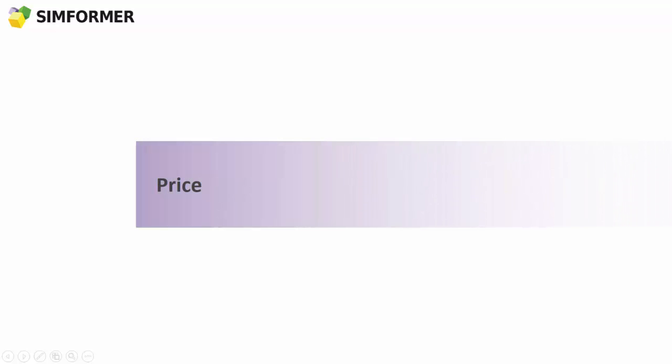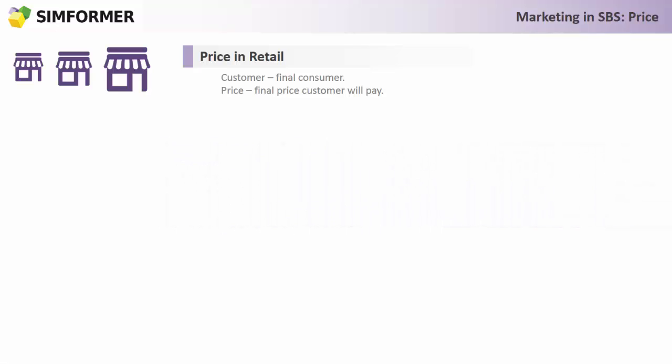The price. Now, as the price is a fully manageable value, there is a certain difference. For the retail, the price is the one that the final customer will pay. Now, as mentioned before, don't forget that visitors are not automatically customers.